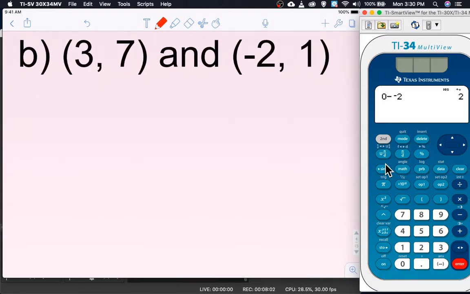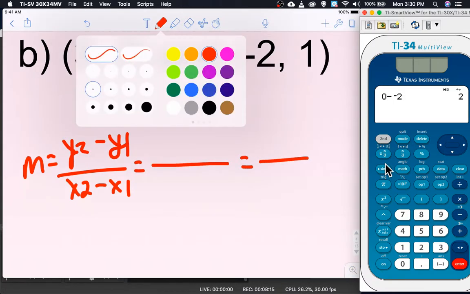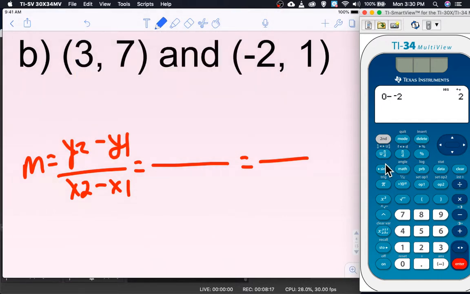All right, one more for me. M equals y2 minus y1 over x2 minus x1. That is the formula. I'm going to label and plug my numbers in. This is the x value from the first point, the y value from the first point. x2, y2.